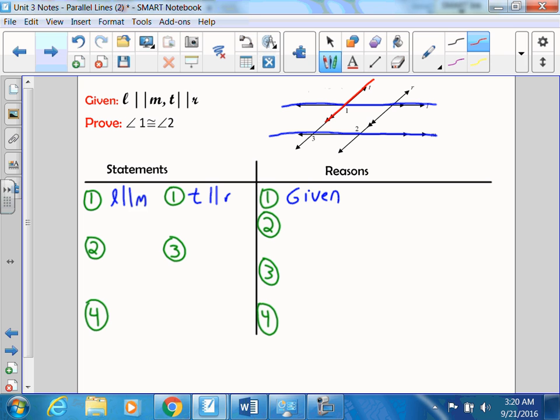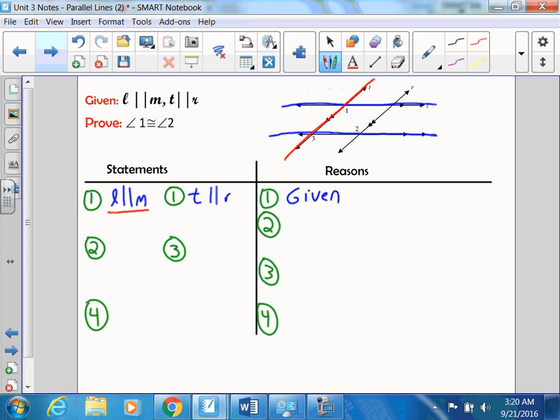That would be this right here. So if I focus on line L and line M that I've highlighted in blue as my parallel lines, so I'm starting off with this right here. Okay, if I focus on that, then I can state that angle 1 and angle 3 are congruent.